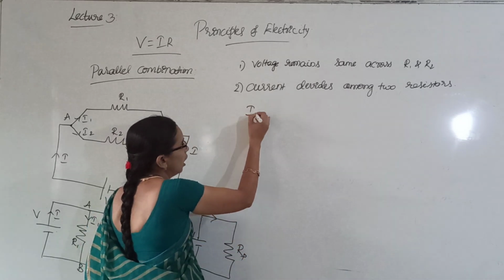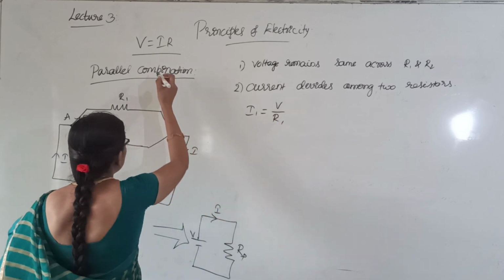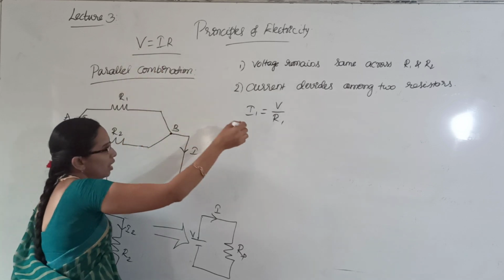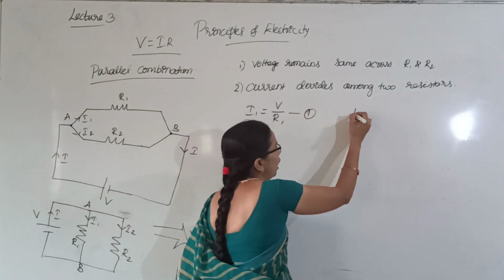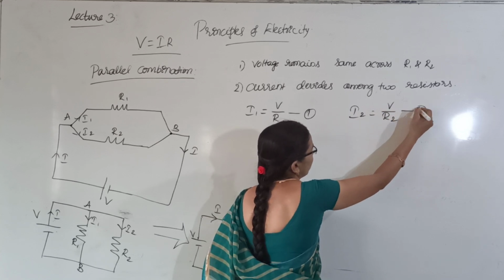Therefore, I1 can be written as V by R1. See, V is equal to IR, I is equal to V by R. Equation 1, I2 is equal to V by R2.